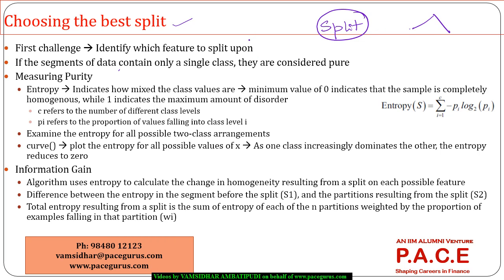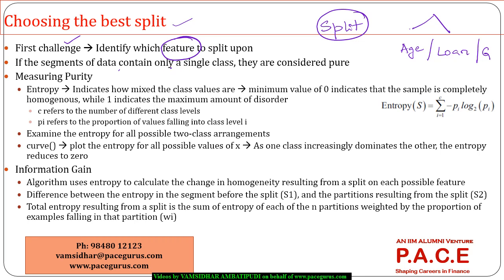Now, the first most important challenge in terms of splitting is which feature do I need to split on. Should it split on the age of the person, or should it split on the amount of loan he has taken, or should it split on the gender? What is the feature on which the splitting really needs to happen?